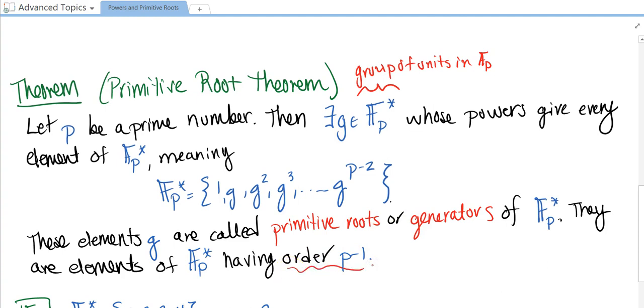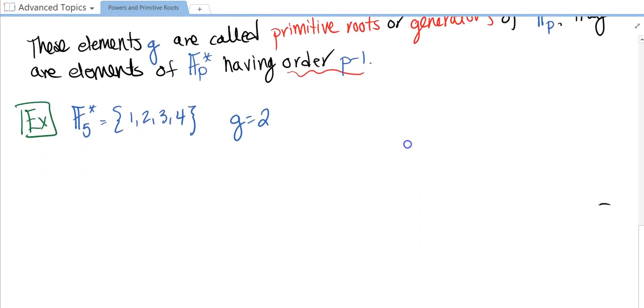So this is a situation where that n from above is equal to k. As a quick example, in F5 star, which is just 1 through 4, if we look at 2, 2 to the first is congruent to 2, 2 to the second is congruent to 4, 2 to the third is congruent to 3, and 2 to the fourth is congruent to 1.